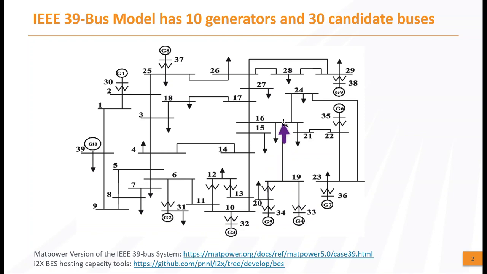So with the N-1 contingency analysis, when you take that line out of service, there's no way that a new generator at bus 19 can export. And the assumption we made is that some of the existing generation will have network interconnection service, the NRIS, and so a new IBR here at bus 19 with N-1 contingency analysis would not be able to export.